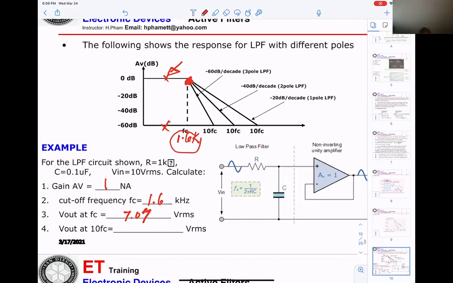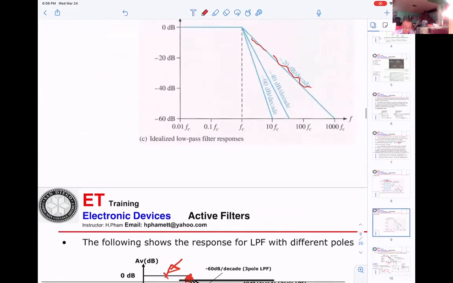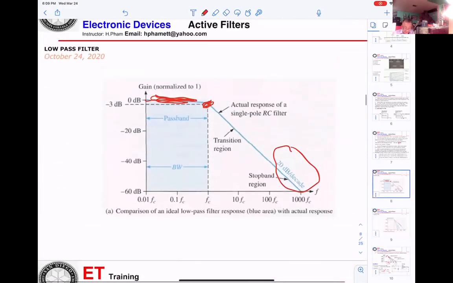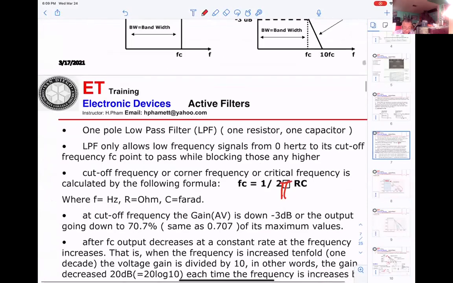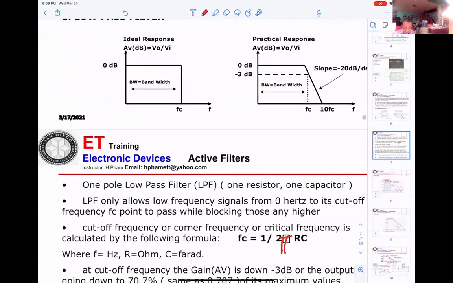Hey, Mr. Pham, you put your dot there and said that's minus 3 dB, but you got 0 as minus 3 dB. That is what they use for the ideal case. If you want it, you have to go to the point where it really goes down. Let's see. Like this one.